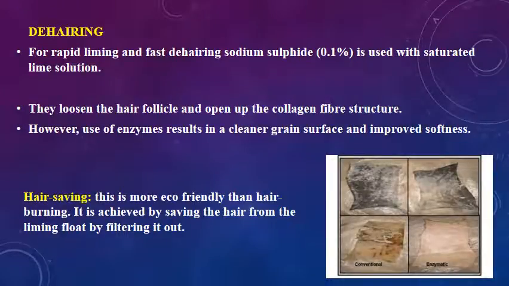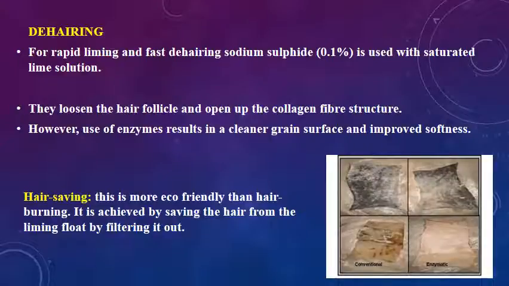The next step is dehairing, which is done after the liming. As I said, normally it takes 8 to 12 days for the actual liming operation and removing the hair. But if we want to make it faster, that is, to reduce the liming period and make the dehairing faster, sometimes sodium sulfide is added along with the lime. This is used along with the saturated lime solution, and after that the hairs are removed.